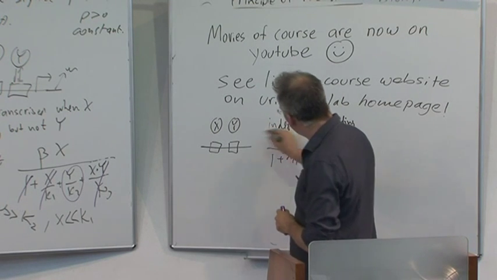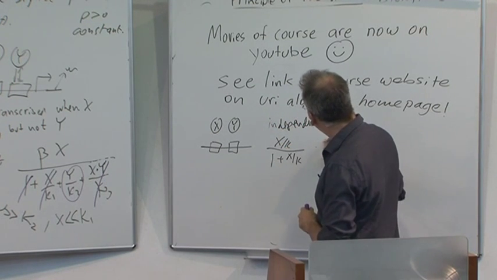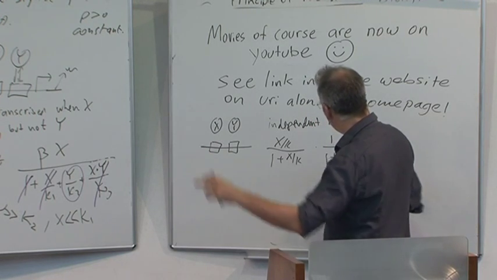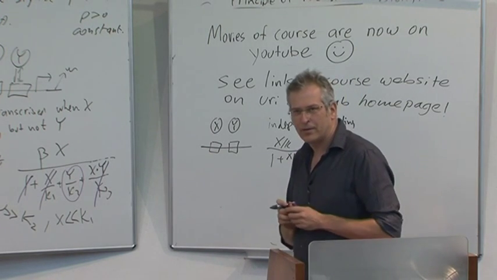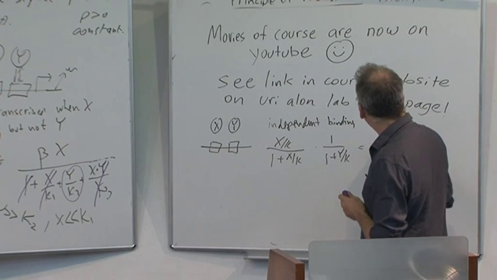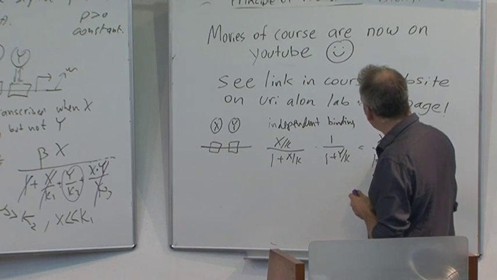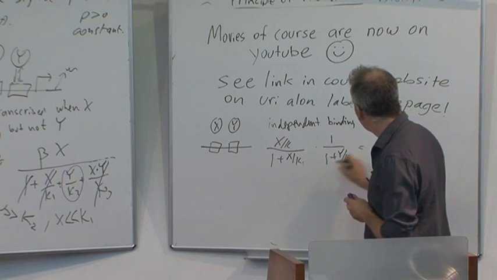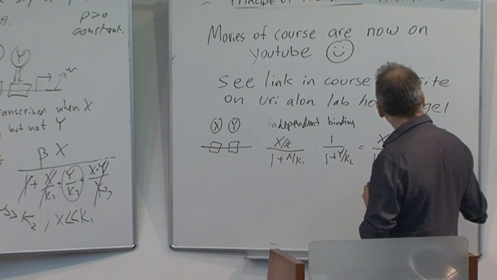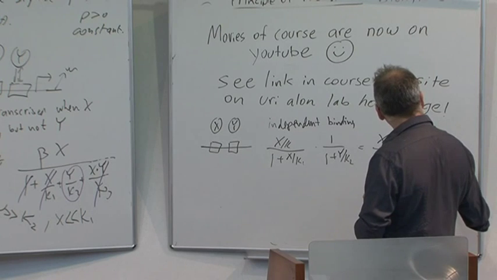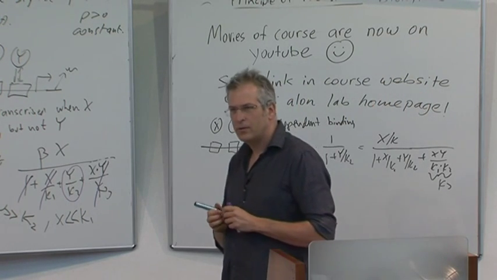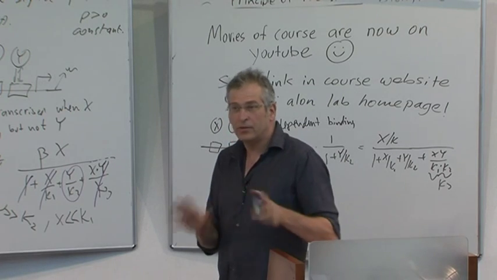This is the probability that X is bound, and this is the probability that Y is not bound, like I showed you, and you just multiply them because it's independent binding. And then what you get is X over 1 plus X over K1 plus Y over K2 plus XY over K1 times K2. In this case, K3 is just the product of the two K's. That's called independent binding.